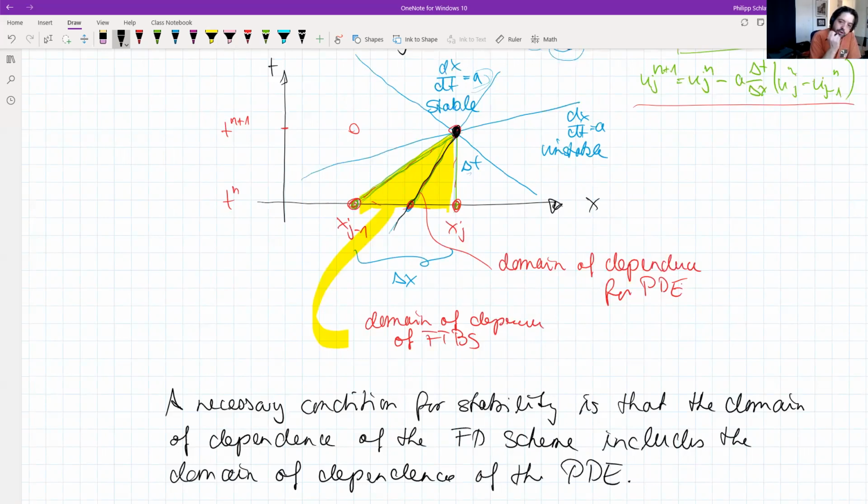So that means in order to know what the solution at Tn plus 1 is, I just need to follow the black line backwards. And now, in order to give the numerical scheme even a chance to predict this value correctly, it needs to be such that the grid points that are used to calculate the new point need to contain that original point that I would need to have.